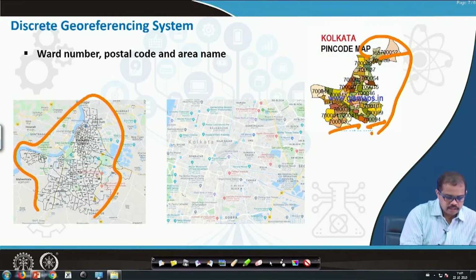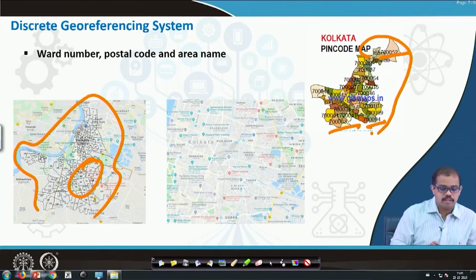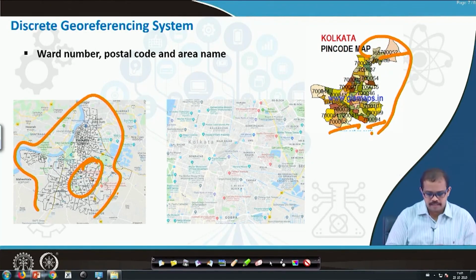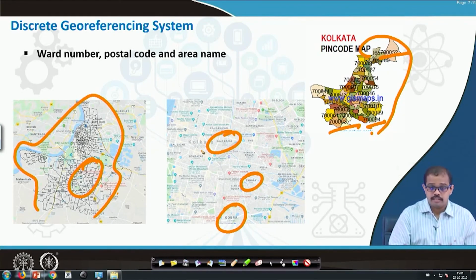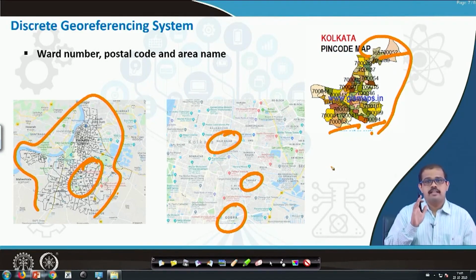The ward number also represents a particular geocoding of that place. Then you have postal codes, and area names, for example Tangra, Gobra, and Raja Bazar, or the Salt Lake area. All of these are nothing but geocoding into your map. So you are giving a referencing way.